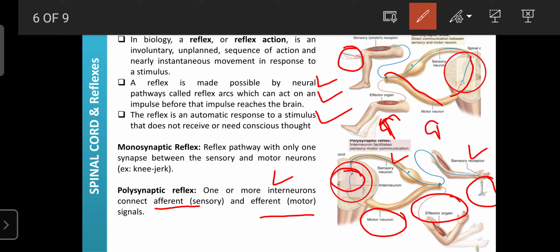So reflexes are mainly classified into two types: monosynaptic reflexes as well as polysynaptic reflexes.